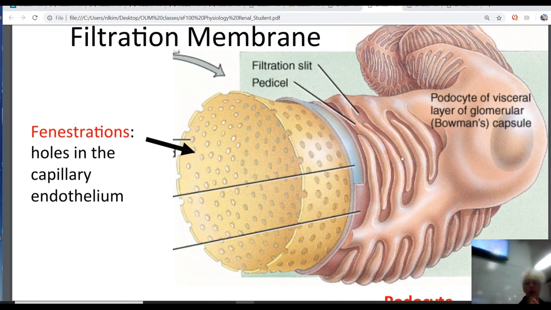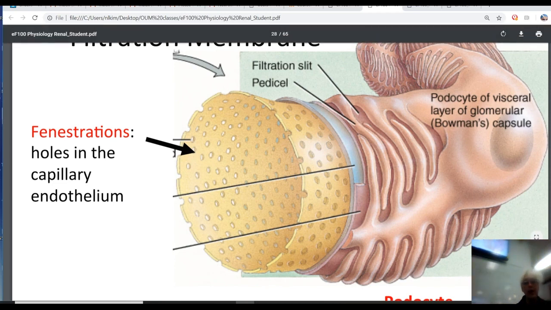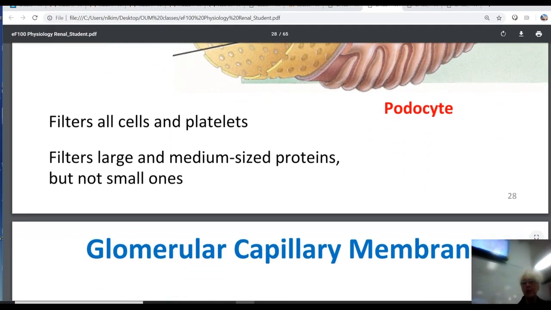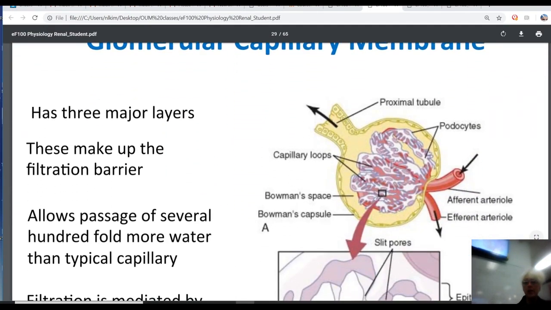So here we go. Here's the filtration membrane. We're looking at a close-up of the actual glomerulus itself, and it's like, wow, look at that fenestrated layer. There's our sieve. Here's our spaghetti sieve that we talked about, right? And then you have layers. You have a filtration slit. You have your pedicle, your podocyte of the visceral layer of Bowman's capsule.